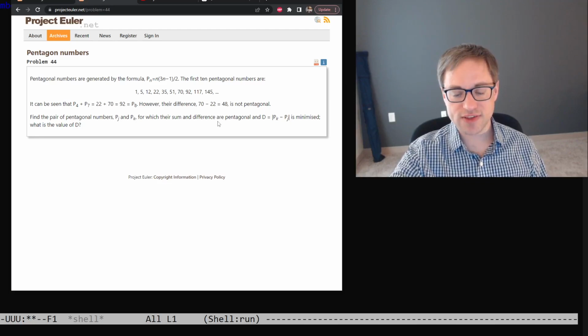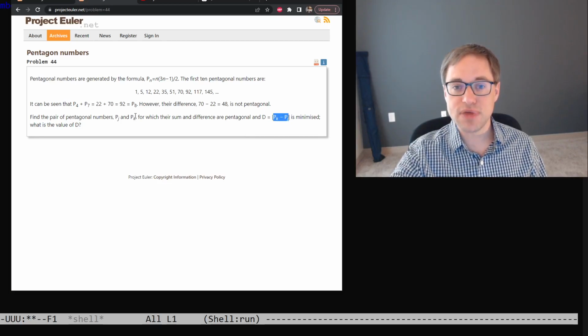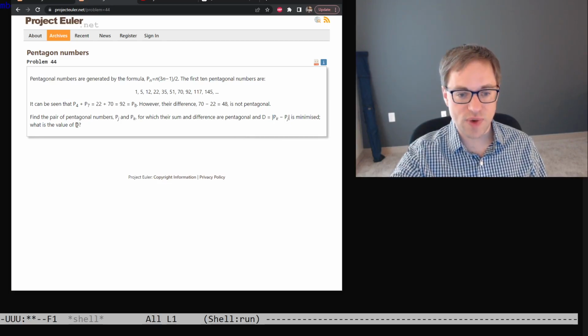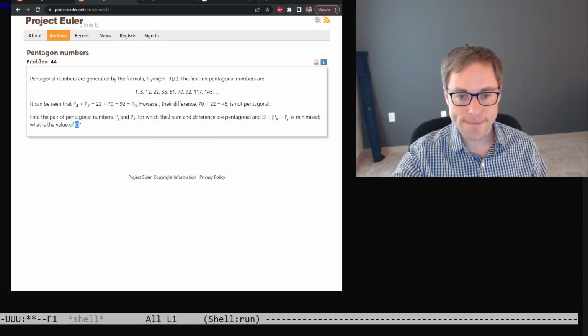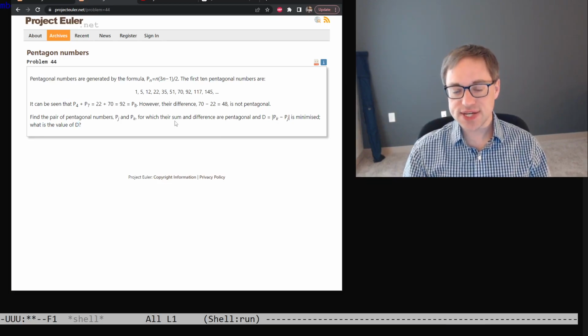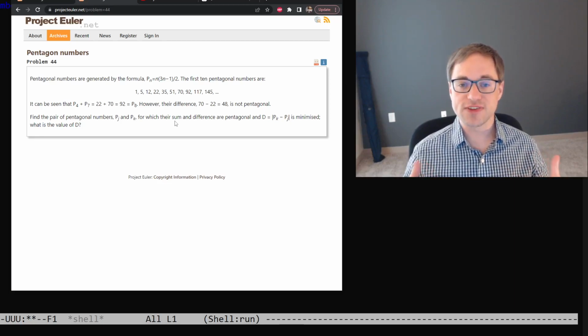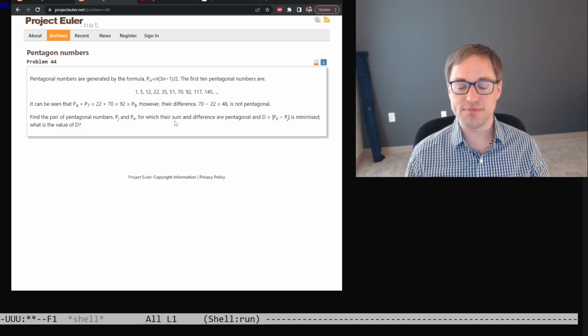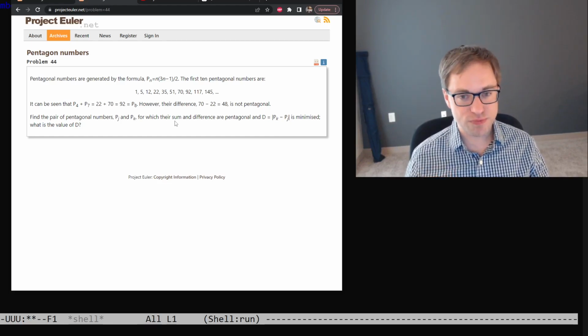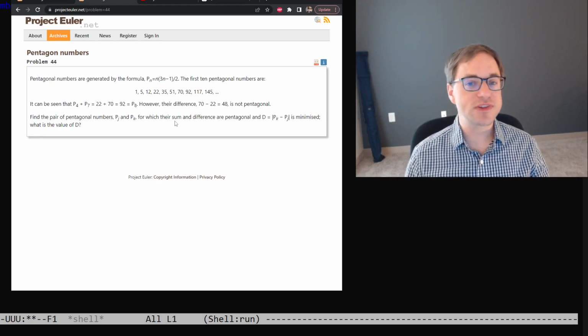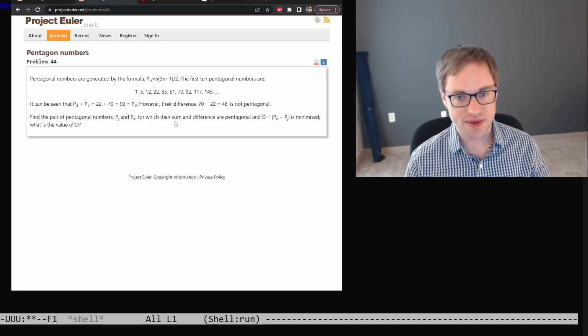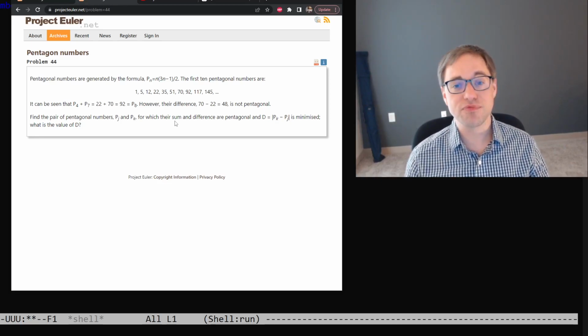Specifically, we are asked to find the solution such that the difference of p sub j and p sub k is minimized, and it gives that value as d. Now, fun fact, if we had been asked to find or minimize the sum of p sub j and p sub k instead, this would be a much easier problem, even though the solution would be exactly the same. Ponder that riddle for just a moment.